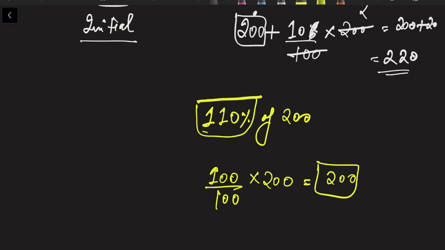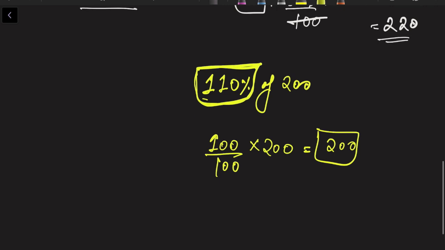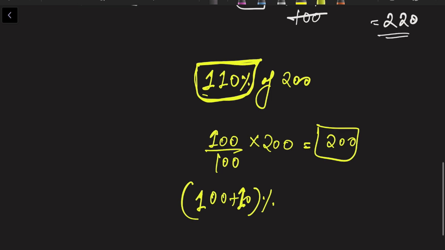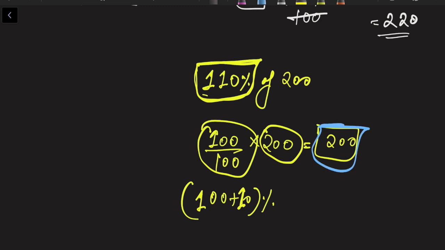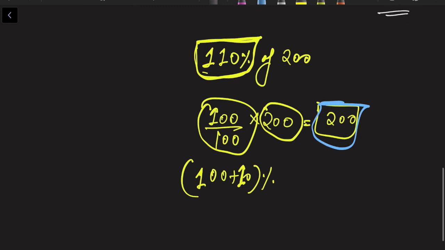That is why we have added 10 to 100, because 100% of 200 is the number itself, and we have to increase it by 10%. That is why we are adding this 10 to the 100. So it will be 110% of 200, this is the final value.